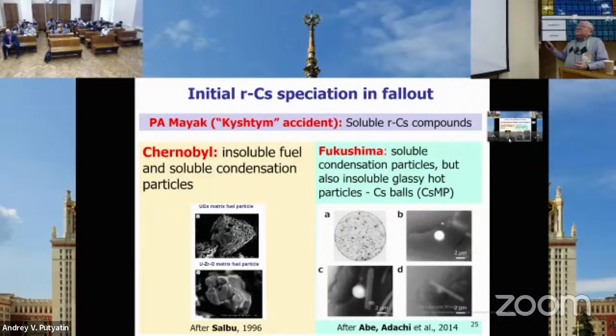But the main activity was because of cesium-137 and cesium-134. And in case of Kyshtym, we didn't have any hot particles, and mostly soluble radiocesium compounds were released.